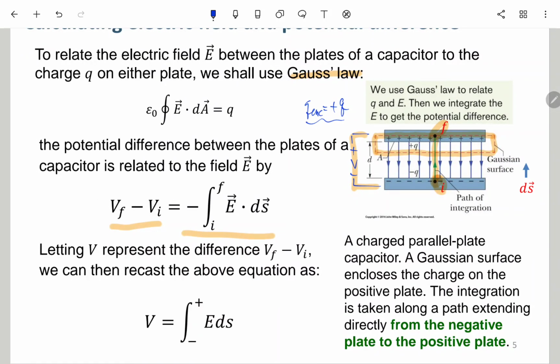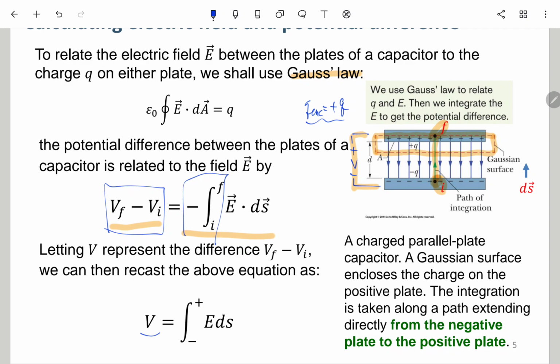And usually, for simplicity, we will just express the potential difference as V. Okay, so V will be nothing but Vf minus Vi. And originally, the definition is negative integration of E dot ds from i to f.